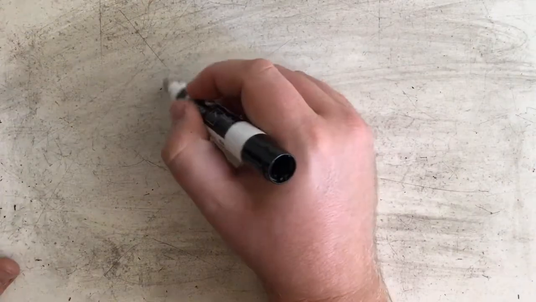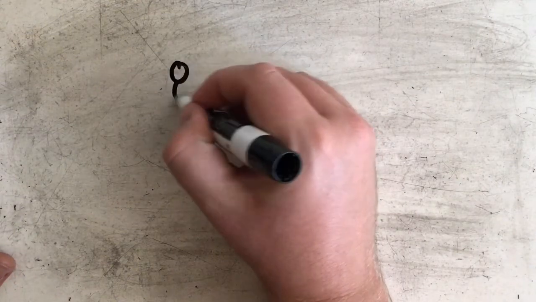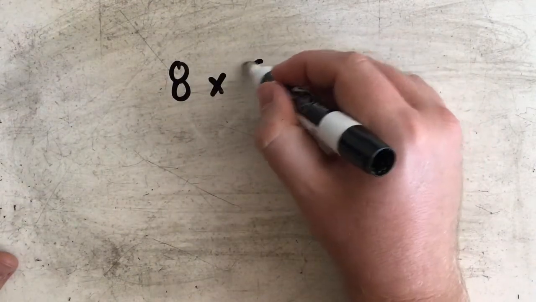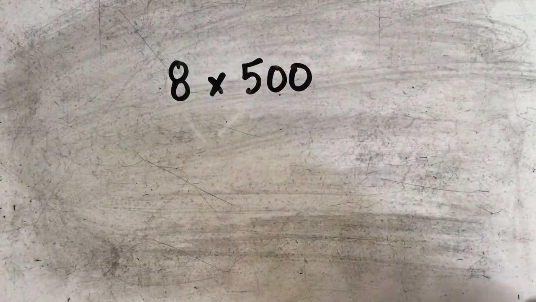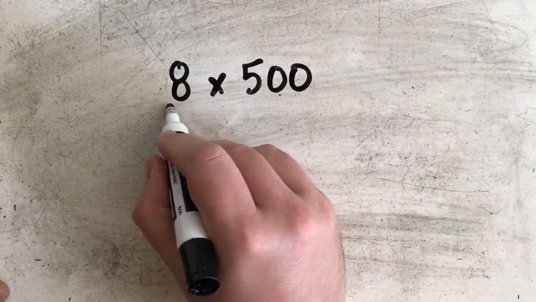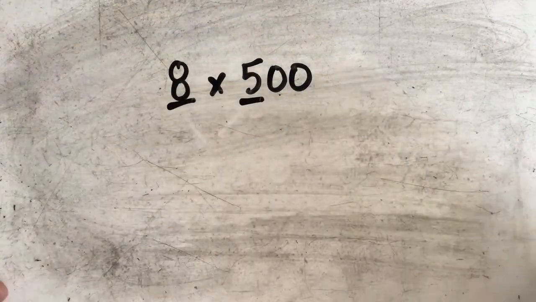There's one other example that's just a little bit different that I want to make sure you see as well. Let's do 8 times 500. In this case, I again am going to pull my basic fact first.